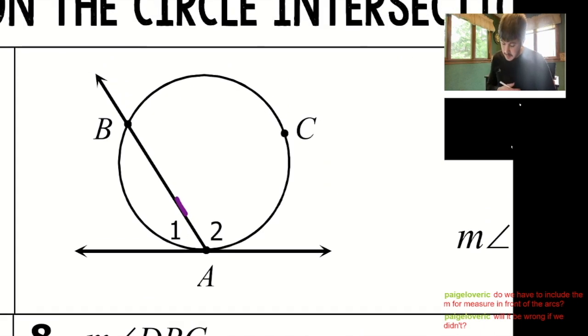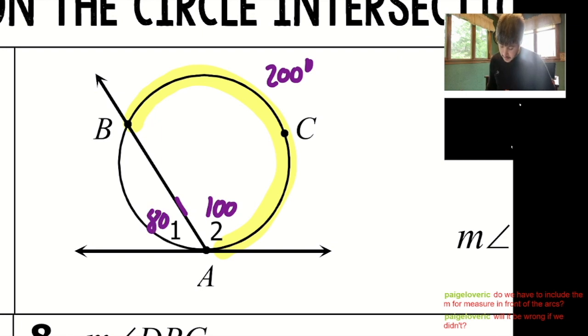So what does that really mean? It means that if this arc right here, let's say BCA, were 200 degrees, just like an inscribed angle, if I cut it in half, and I have a chord or secant intersected with a tangent, that means this angle is 100 degrees. That's the rule. Pretty simple one. And then on the other side, you actually would know the other angle.